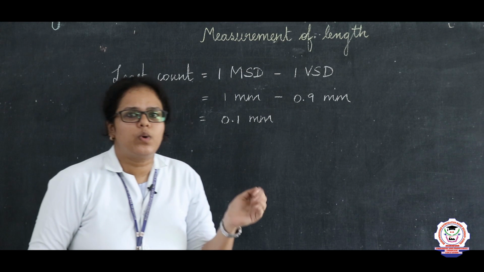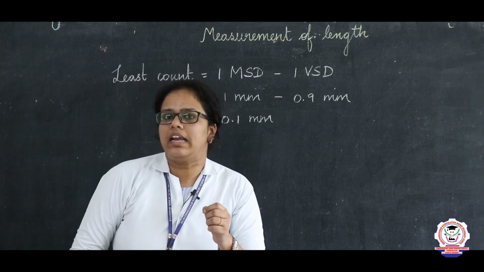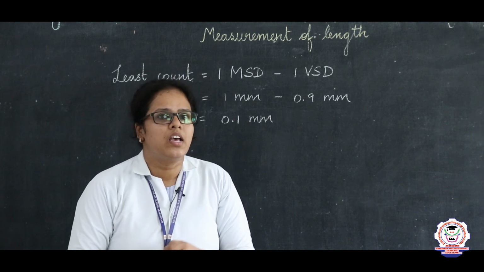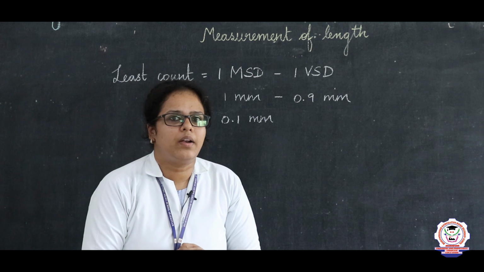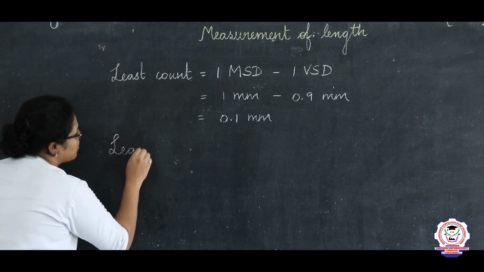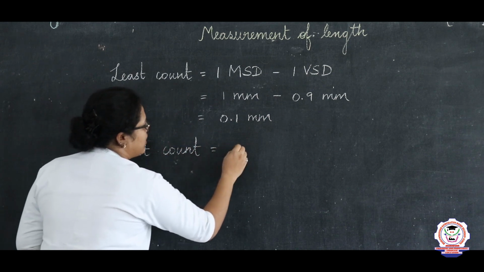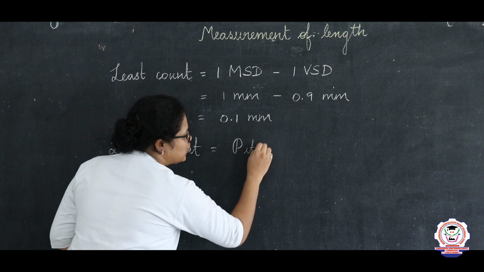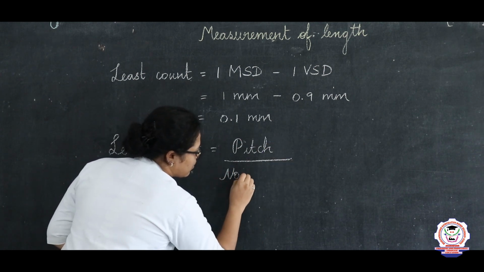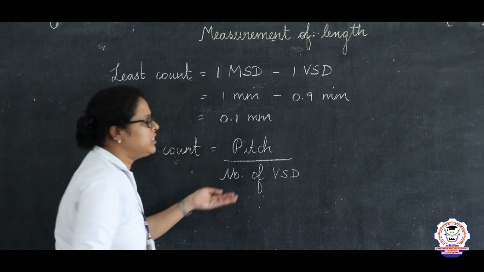This is the case for the vernier which has 10 divisions on the main scale and 10 divisions on the vernier scale. What if the main scale and the vernier scale have 20 divisions? For that, it can be found using a formula. Least count is equal to pitch divided by the number of vernier scale divisions. What is pitch here?